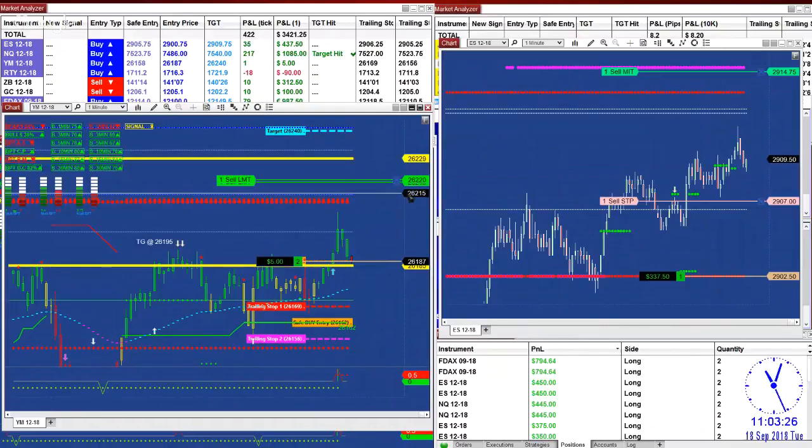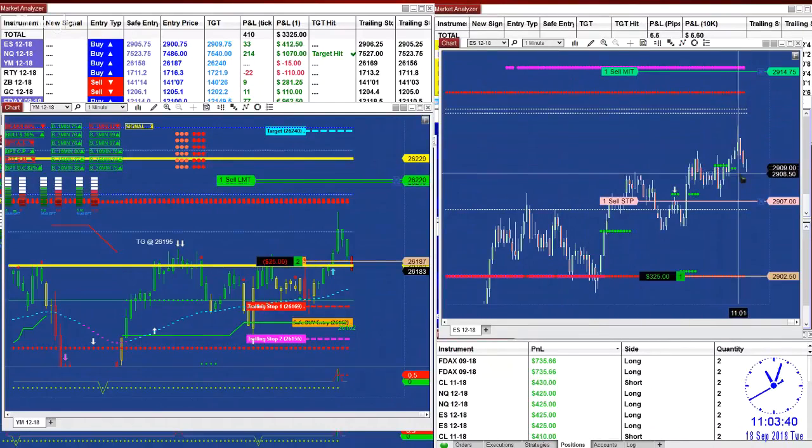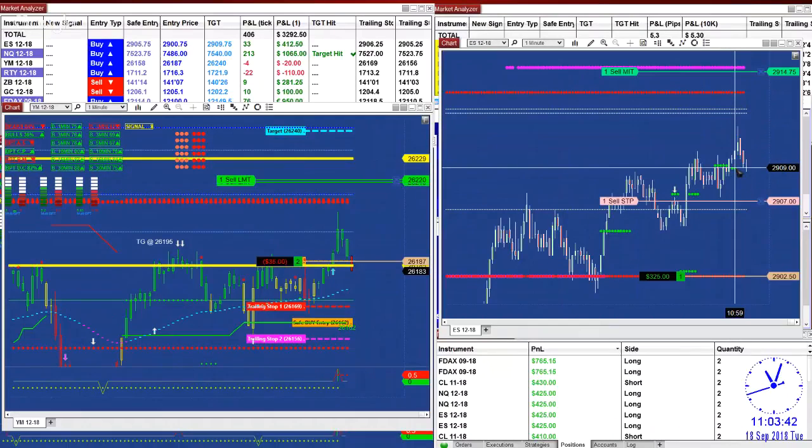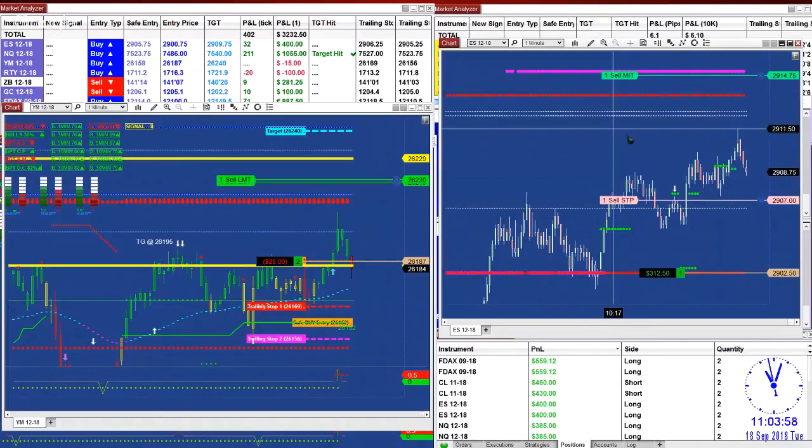You see, this is the key point right there. Okay, it's over. Close it, folks. Close it. It's over with the ES.